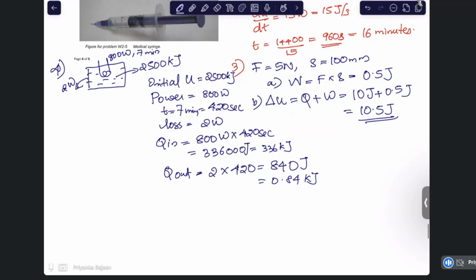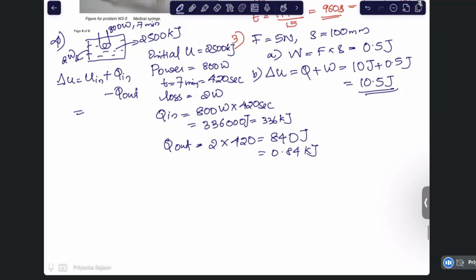So the final internal energy is U initial plus Q in minus Q out, which is equal to 2500 plus 336 minus 0.84, which is equal to 2836 minus 0.84.